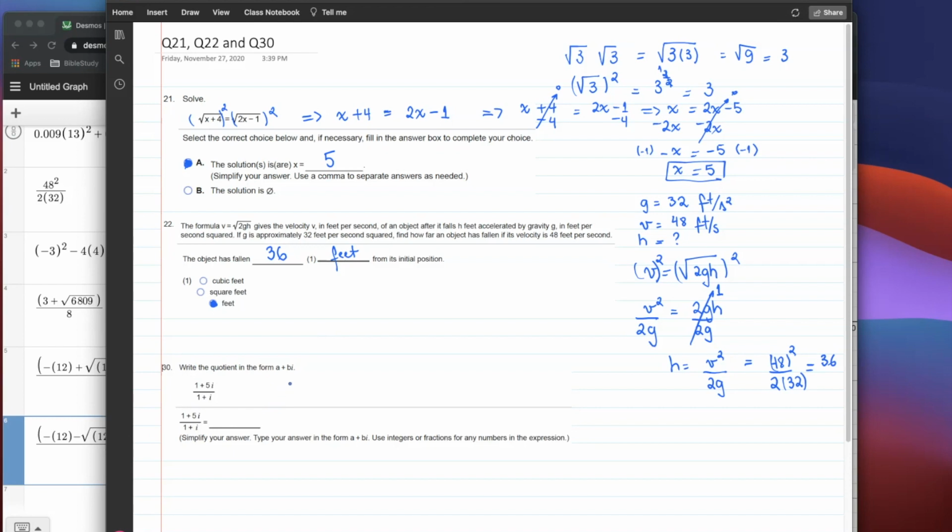Number 30, you are doing division of two complex numbers. And again, I have mentioned that it could stay like that, but they want you to simplify your answer. Solve this division, simplify. So to do division of complex numbers, we use the concept of the conjugate and use the conjugate property.